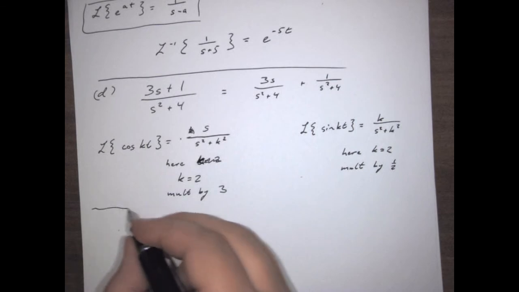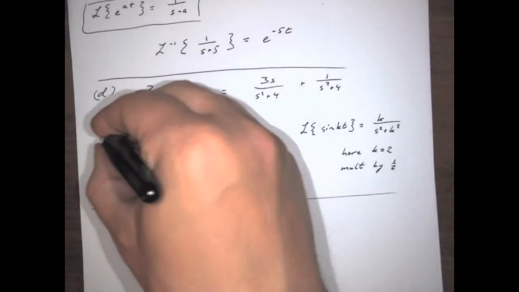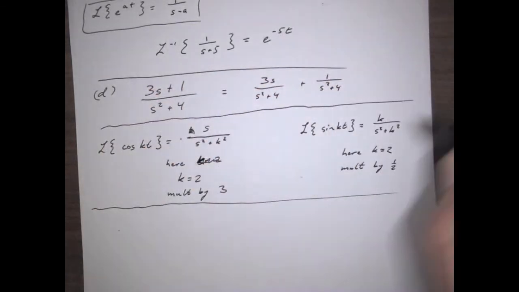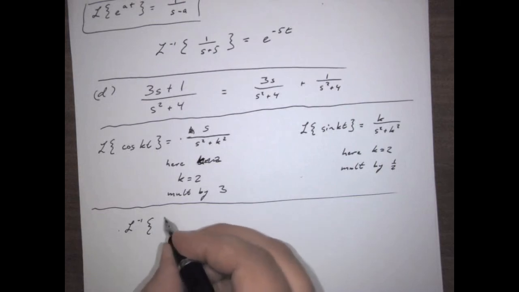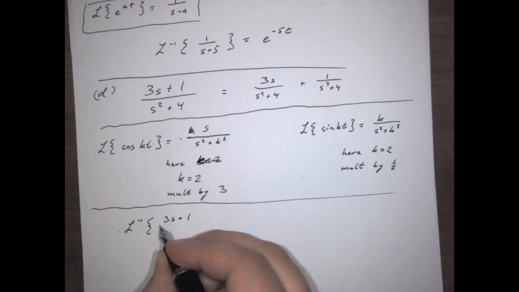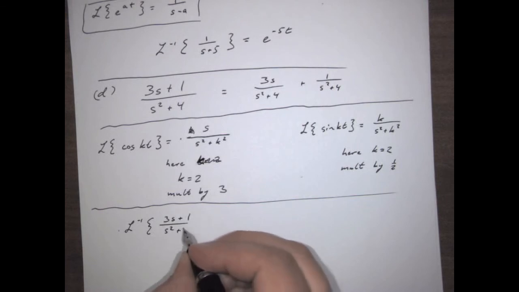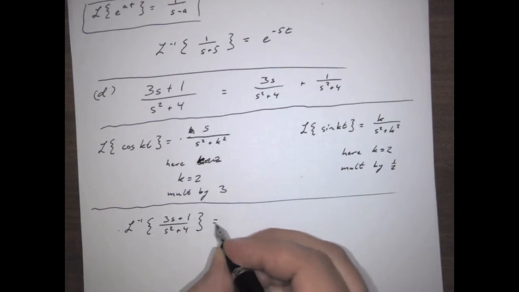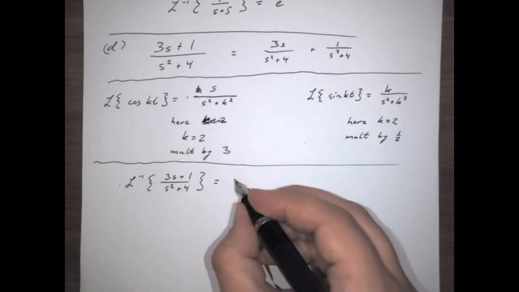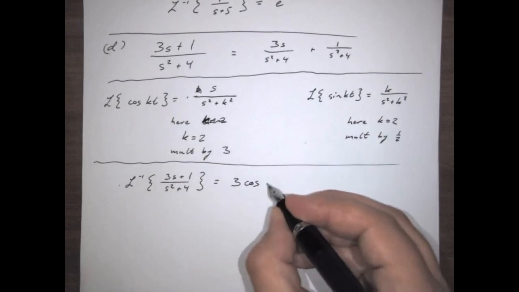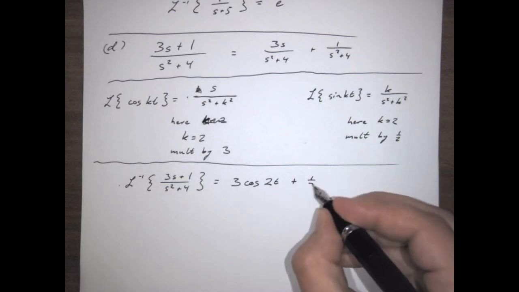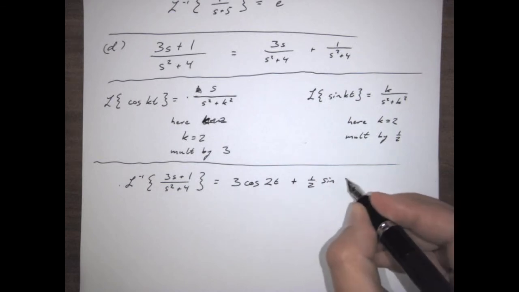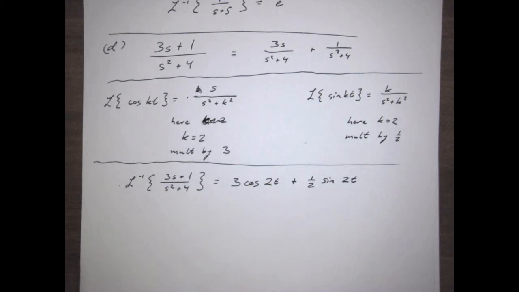So put these two things together, and we're going to get the inverse Laplace transform of 3s plus 1 over s squared plus 4 is going to equal 3 cosine 2t plus 1/2 sine 2t.